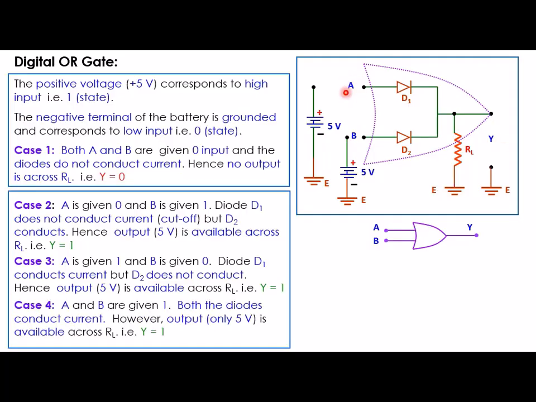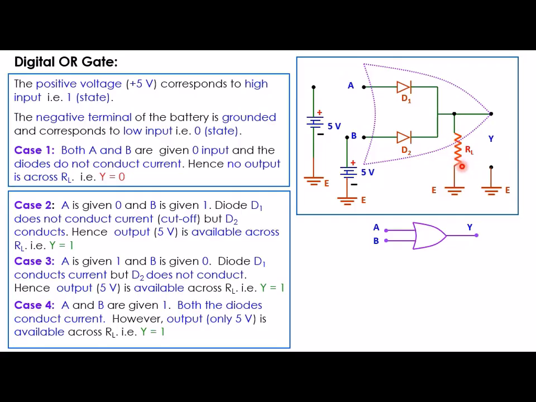Now in case 4, input A is given plus 5 volt, input B is also given plus 5 volt. Therefore diode D1 is going to conduct, diode D2 is also going to conduct, and if both diodes are conducting, then current will flow through both diodes, and that will flow to the ground through this load resistance RL.